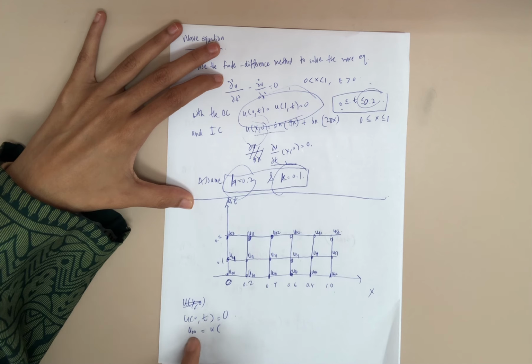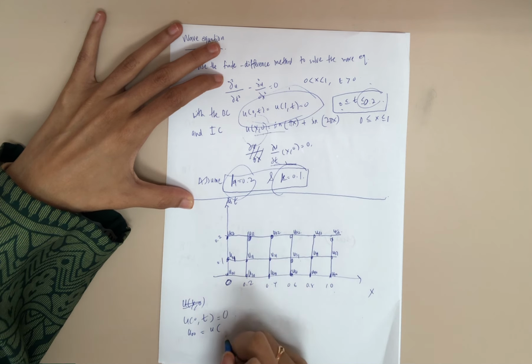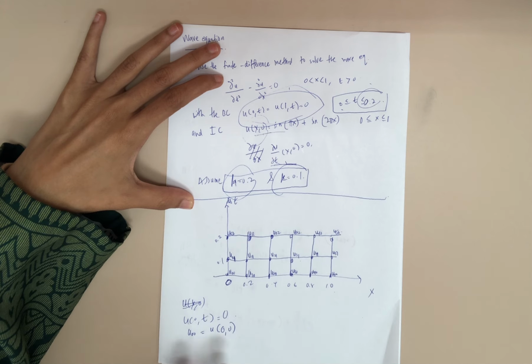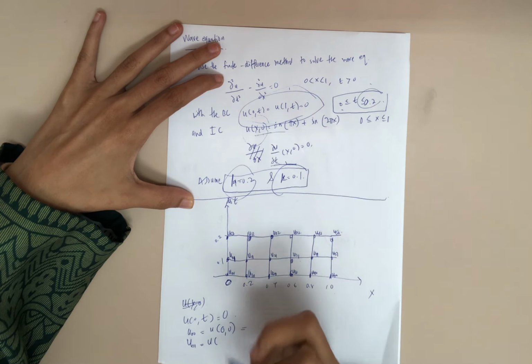U00 here, the 00 represents I and J, this is I, this is J. But for this one, it represents X and T. They are two different things. So U(0,0.1), it means your X is 0, but your T now is 0.1.